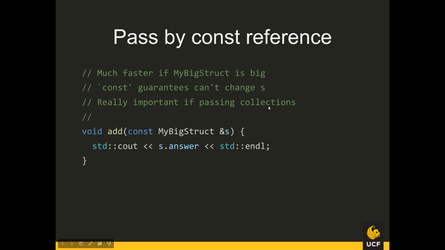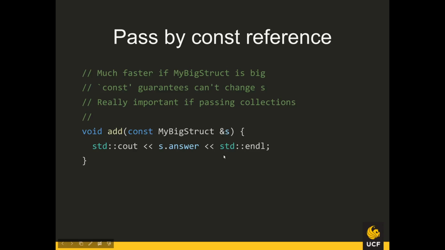So other than the semantic problems with passing in bigger things by value, obviously the other bad thing is performance. I mean, say my big struct is something that's not like a handful of bytes. Say this thing is like 4, 8, 16K or something like that, even bigger.